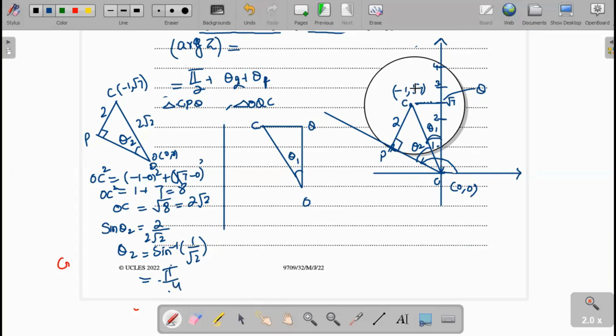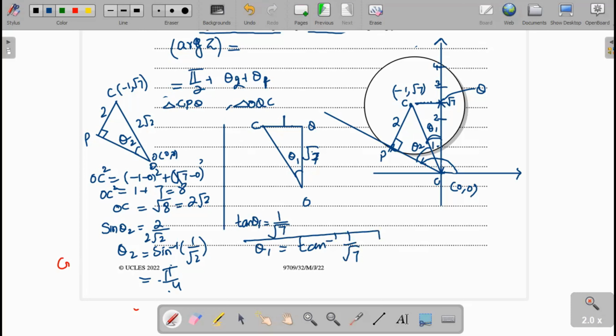And to find theta 1, here we see that this length is square root 7, and that length is 1. Now that is opposite over adjacent, so tan theta 1 is 1 over square root of 7, and that can be written as theta 1 equals tan inverse 1 over root 7.